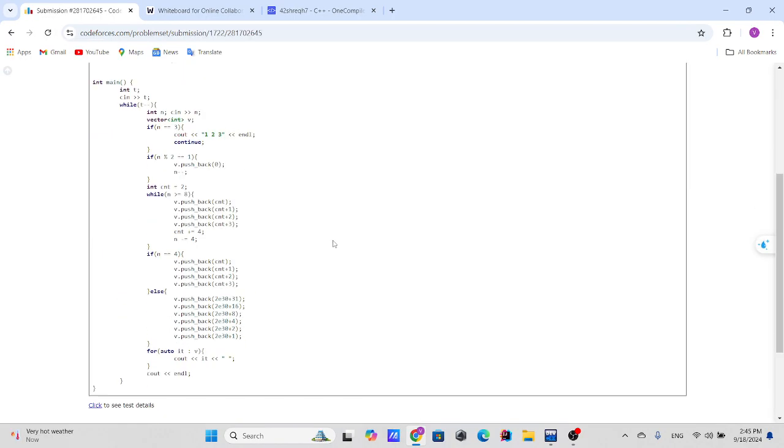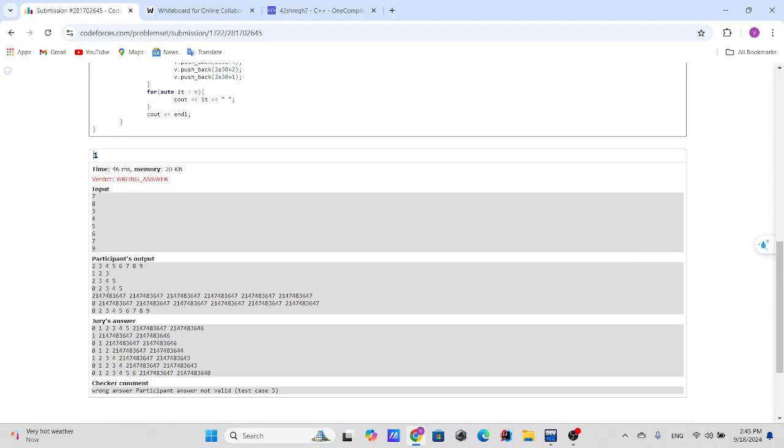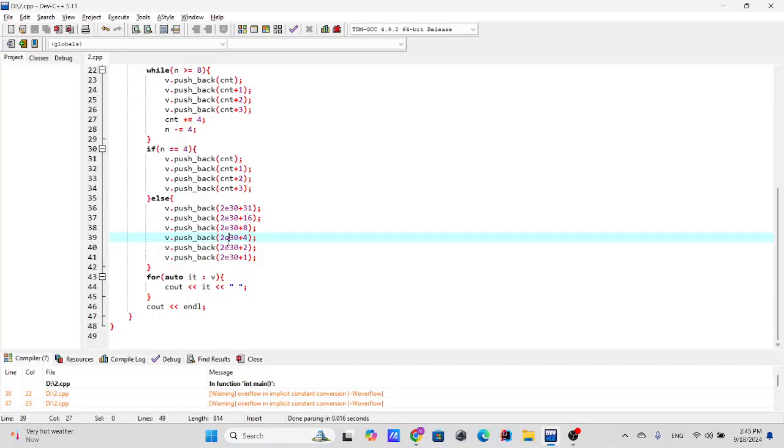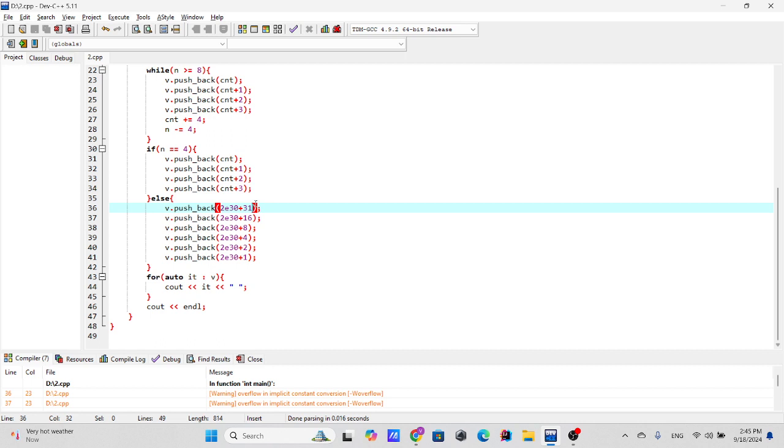Really? Why though? Wrong answer. Test case 6. Why is this incorrect? Oh shit, I forgot about it. Okay, that was dumb as hell. Let me change this real quick.